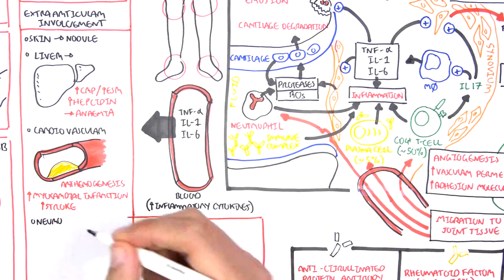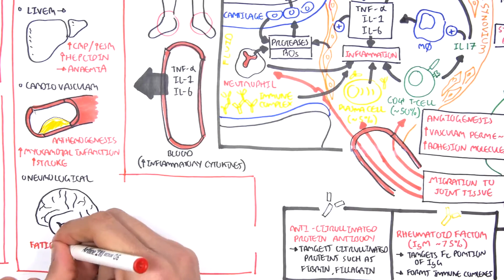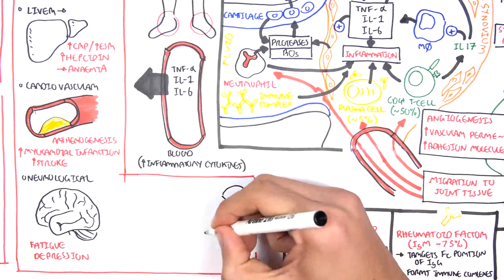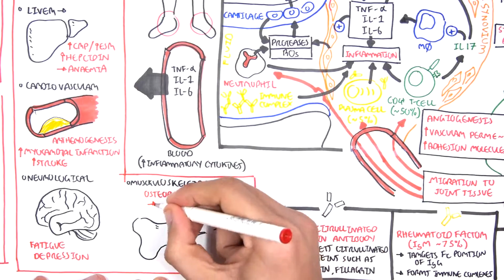Neurological involvement includes fatigue and depression, and these can be attributed to anemia. Bone involvement is very serious in rheumatoid arthritis. Musculoskeletal involvement includes osteopenia, which can lead to osteoporosis.